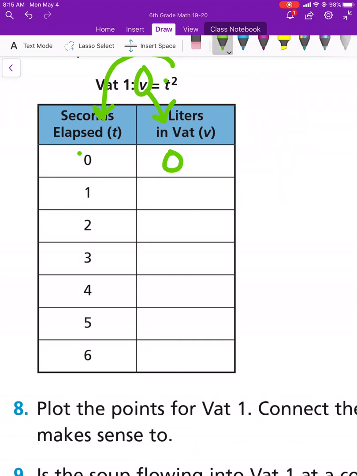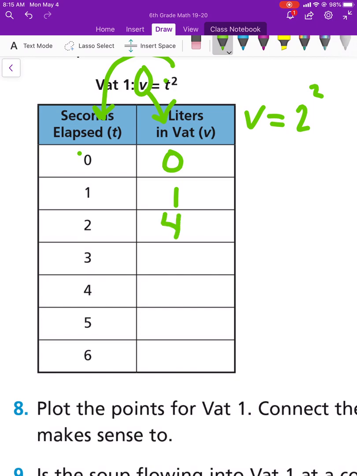Same thing. Let's do it with 1. V is equal to 1 squared. 1 squared is just 1, right? Okay. Let's try another one. 2 squared. Oh, that's 4, right? 2 times 2 is 4.